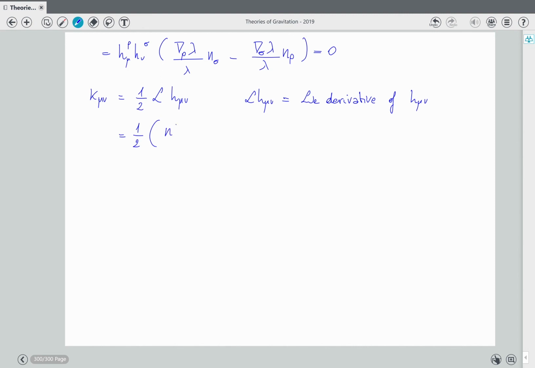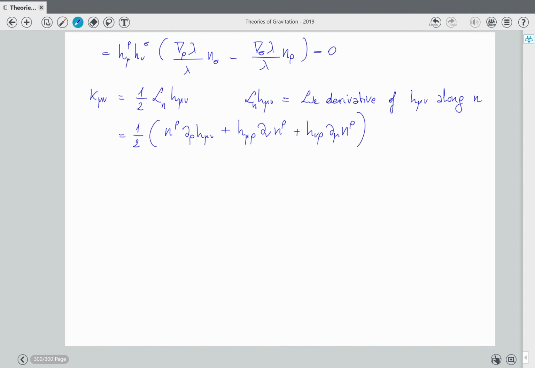That is the Lie derivative along, we have to specify where to compute it, along the normal n. So that's the same formula as for infinitesimal diffeomorphism transformations, if you recall what it is: n^rho partial_rho h_{mu nu} plus h_{rho nu} partial_mu n^rho plus h_{mu rho} partial_nu n^rho.